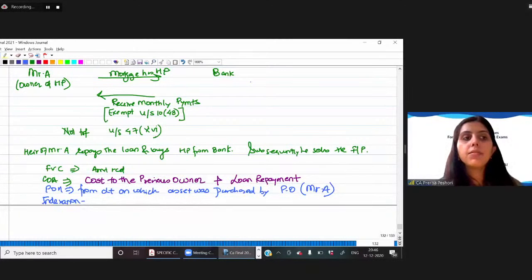Shall we move ahead? Sumit, at the stage of alienation, as in you are saying about the legal heir perspective, or what you are saying? Alienation when?